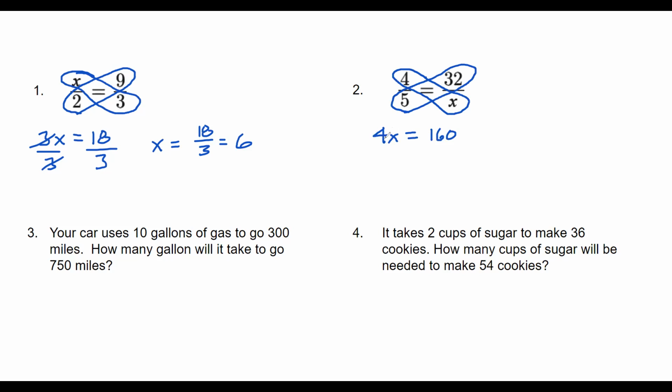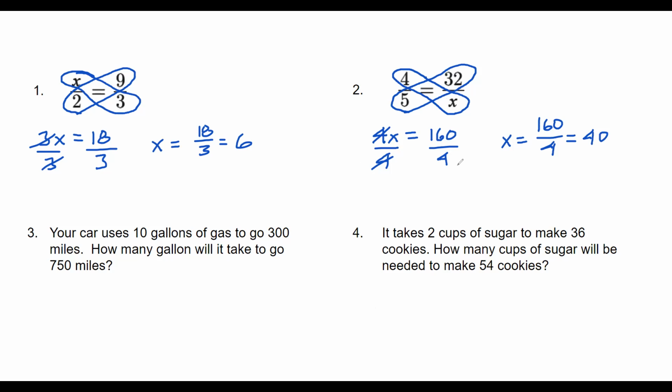We notice that x is being multiplied by 4, so we divide both sides by 4. That cancels this out, leaves us with x is equal to 160 divided by 4, which is equal to 40. X must be 40 in this proportion.